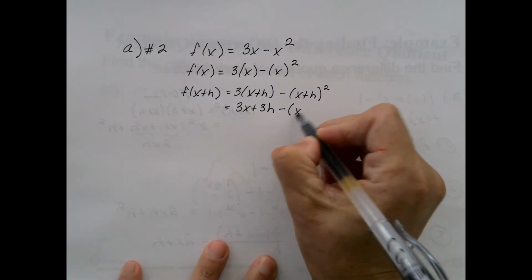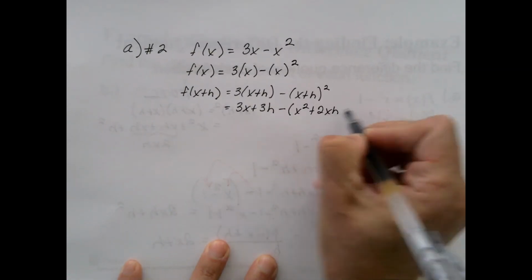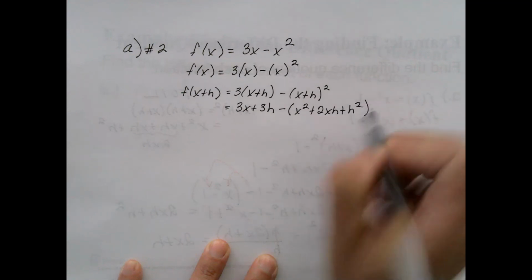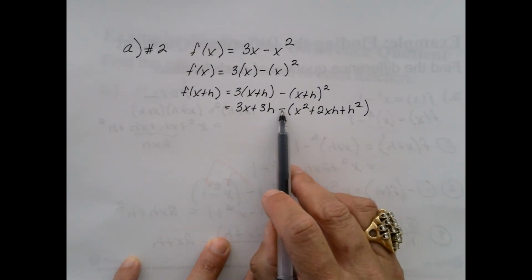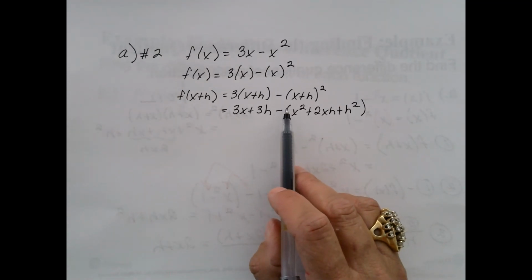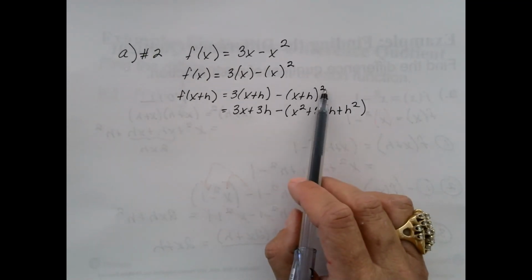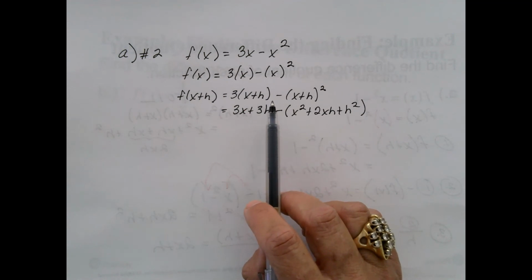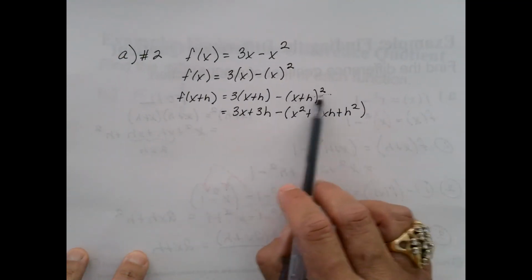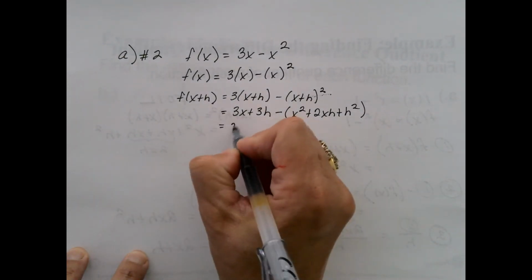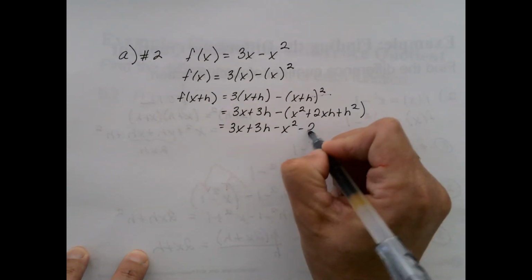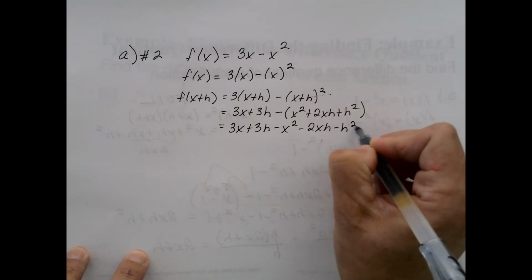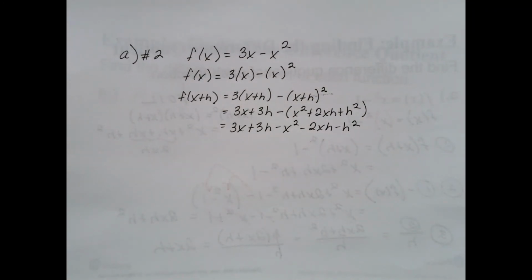The reason I put it in parentheses is that the negative, because of order of operations, says square first and then multiply by the negative. The negative applies to everything from the foil. So this is 3x plus 3h minus x squared minus 2xh minus h squared. That's step number 1. There are no like terms left in there, so we're done with that part.